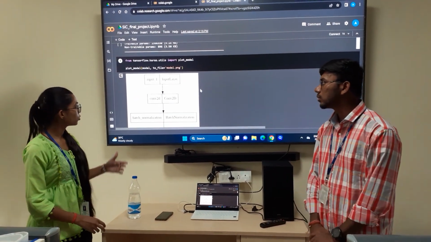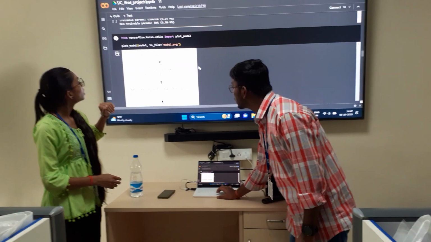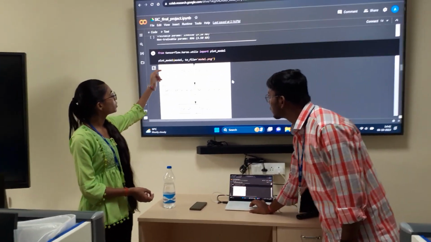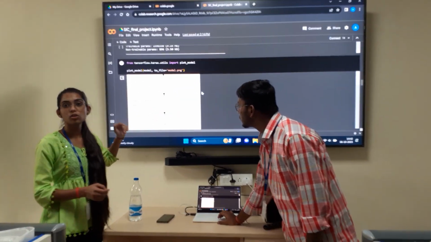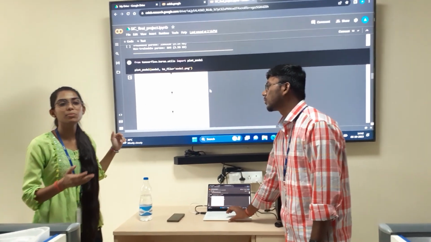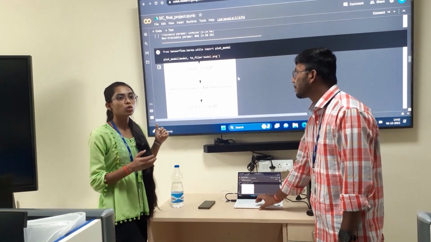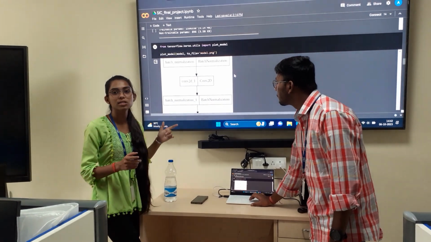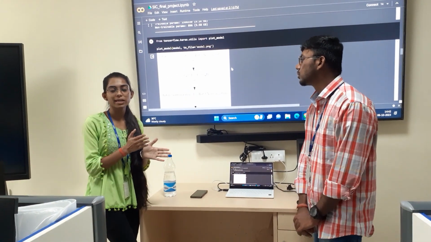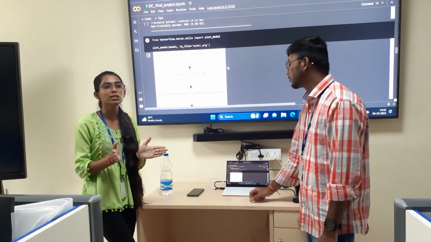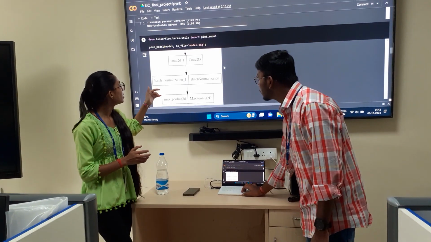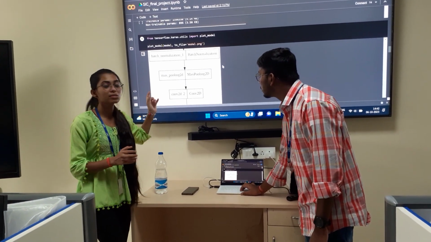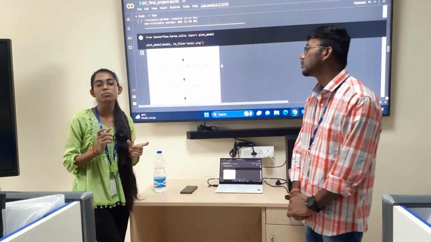So here is the flowchart. We take an input, and then the convolution, as explained, is the basic building block in deep learning. We will be detecting the image using convolution 2D. Then batch normalization is used for segregating into batches and visualizing the terms in a normalized form. Then max pooling, that is maximum feature extraction from the image.